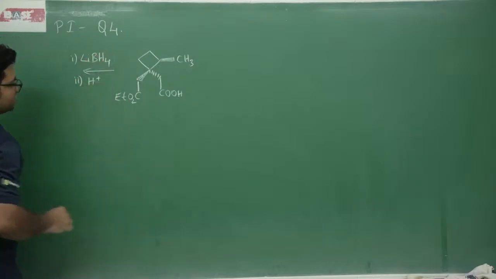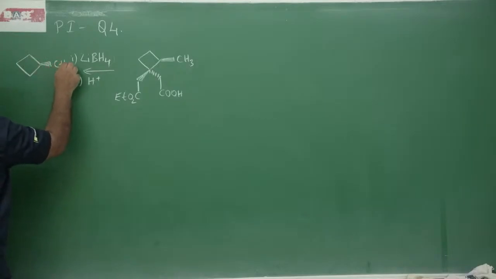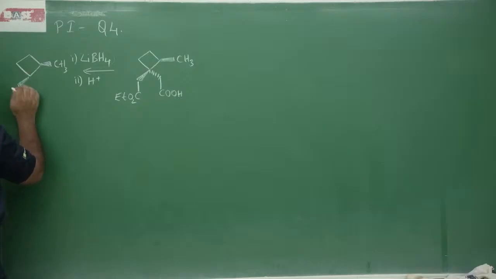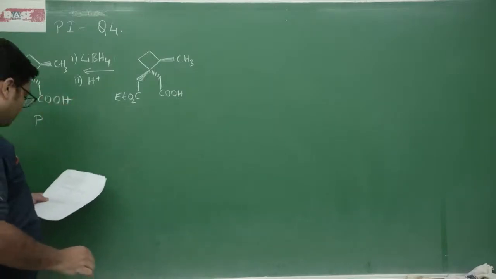This reducing agent will reduce the ester into alcohol functional group, while the carboxylic acid functional group remains in the same form. This is the resulting structure of P.